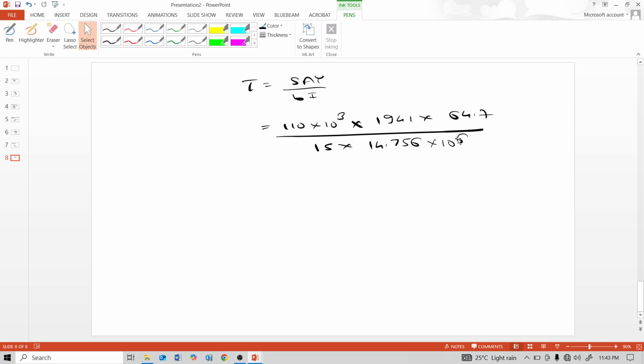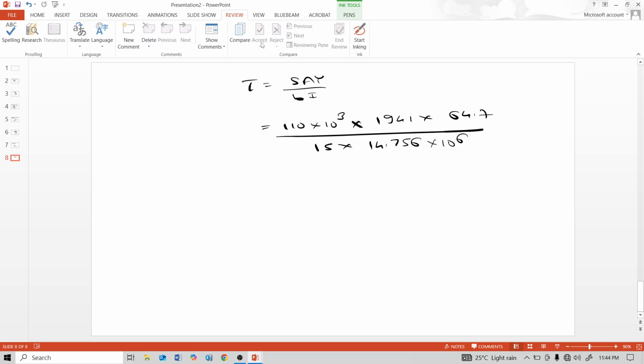Calculating this stress: 110 into 10 raised to 3 multiplied by 1941 multiplied by 64.7 divided by 15 multiplied by 14.756 multiplied by 10 raised to 6 is 62.41 MPa.